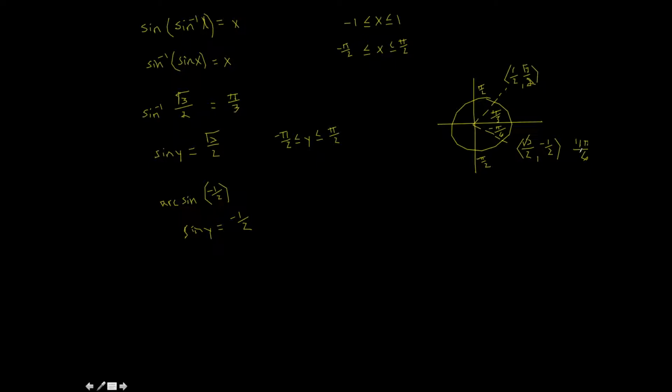So you're going to have to realize that negative pi over 6 and 11 pi over 6 are the same function. But we have to write it as negative pi over 6 because of our interval here. So the answer here would be negative pi over 6. Okay, it's got to fit in our interval.